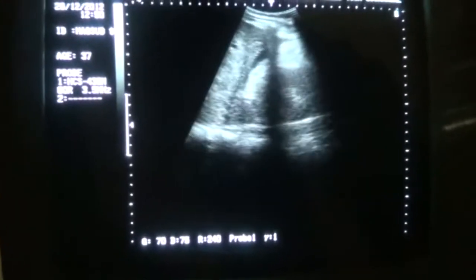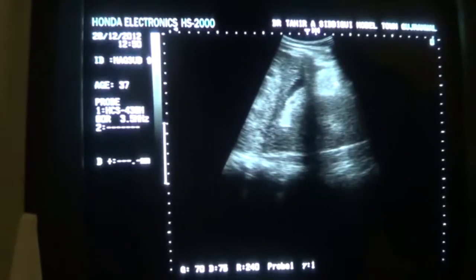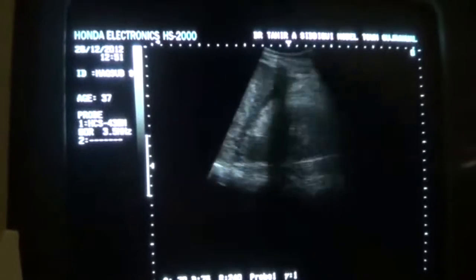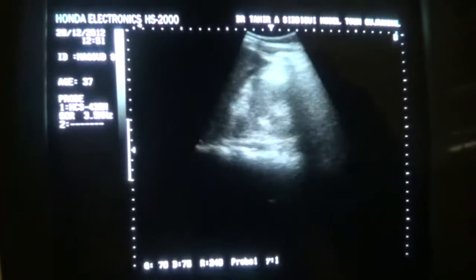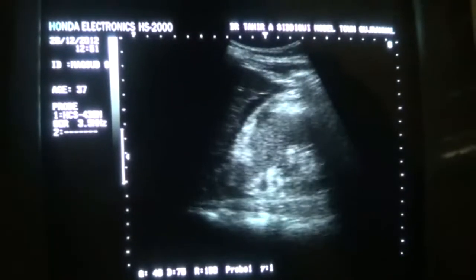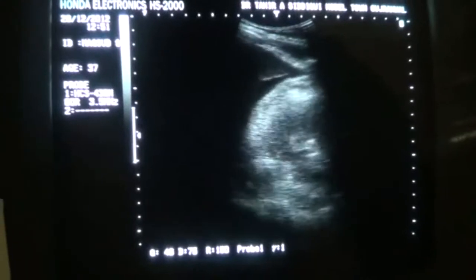This is the fluid between the liver and the kidney, the fluid in the hepatorenal angle. This is the fluid in the peri-nephric space.